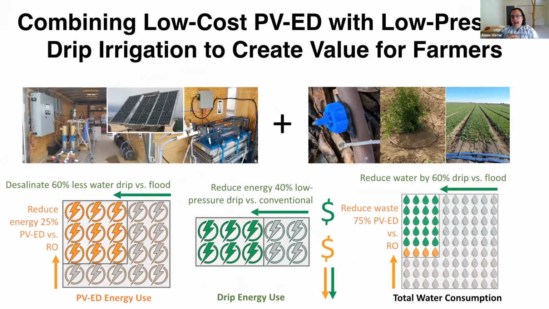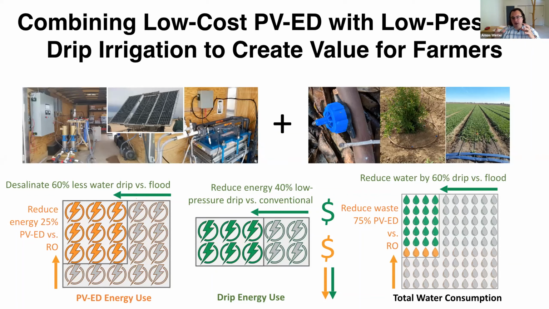So what we're looking at now is what could we create if we combine our low pressure PVED systems with our low pressure drip irrigation technology to create very high value systems for farmers who can still operate off the grid if they need to or if they want to, just for lower cost or utilization of renewables.